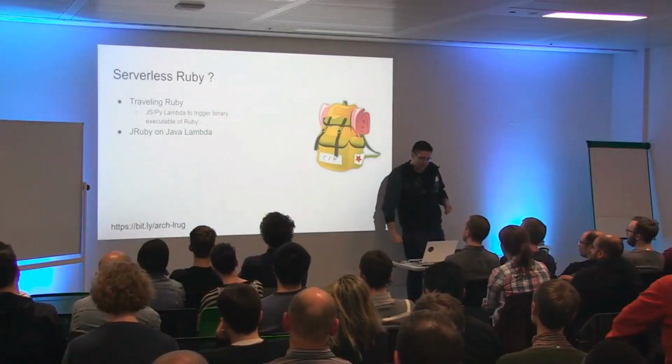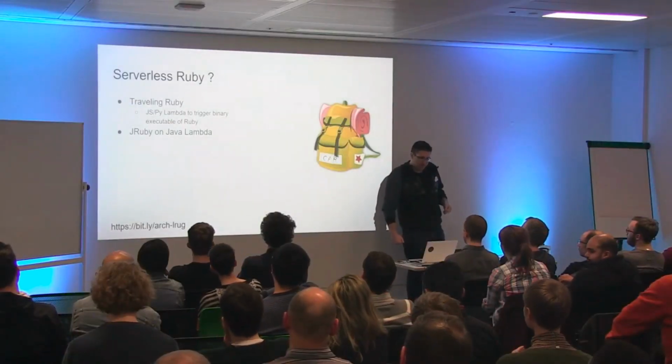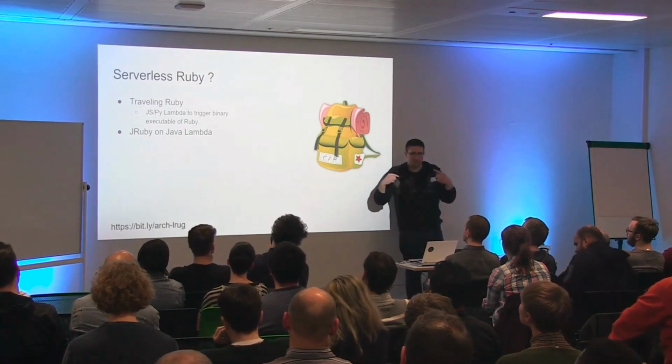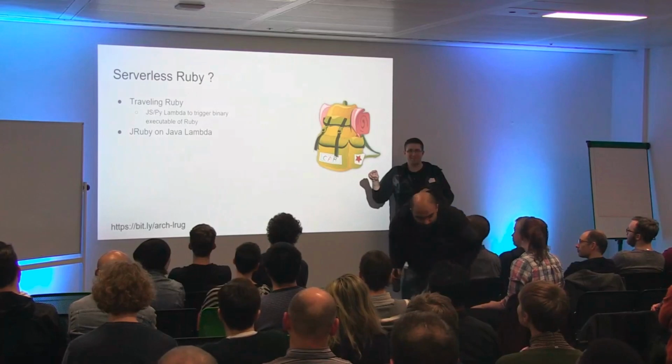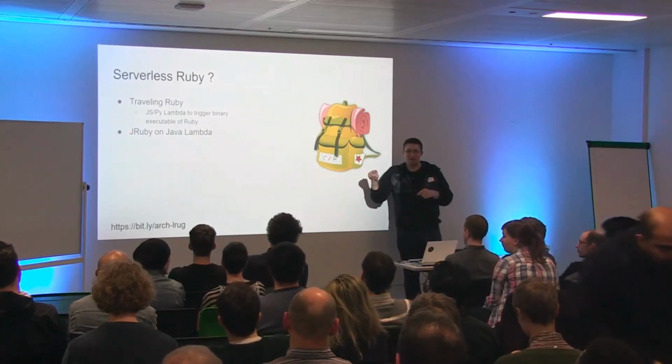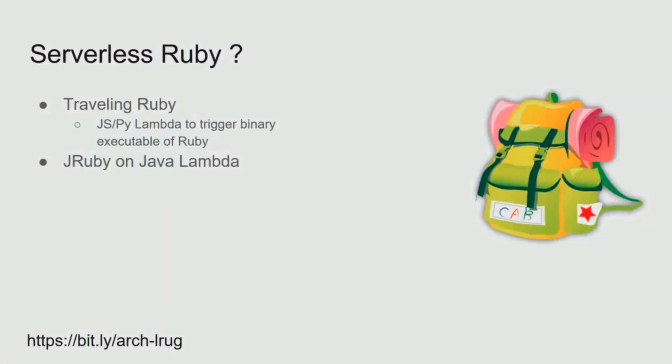So now I was probably lying. Yes, you can actually launch Ruby in AWS Lambda, but it's kind of weird because you need to launch a JavaScript Lambda that will execute Ruby.